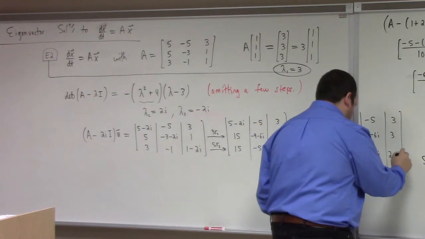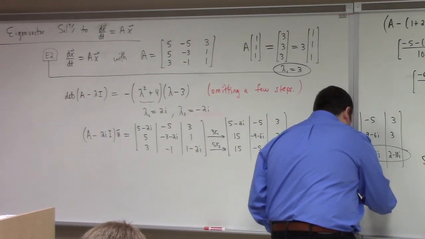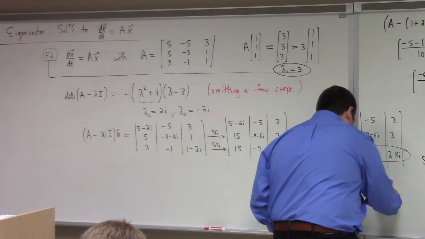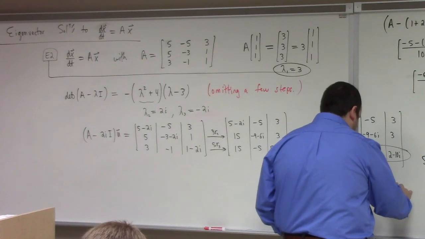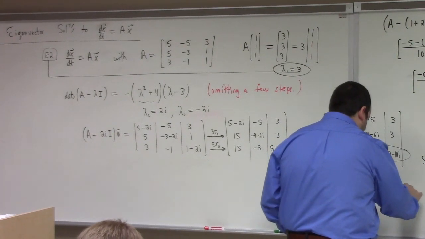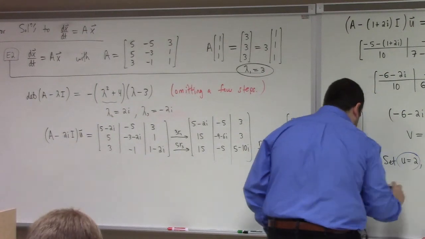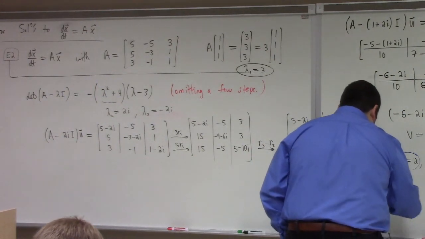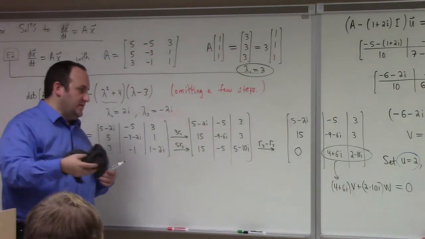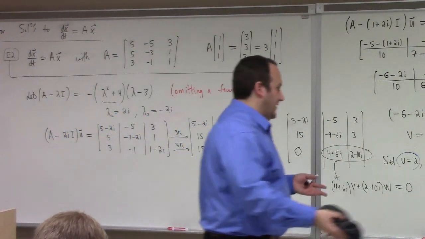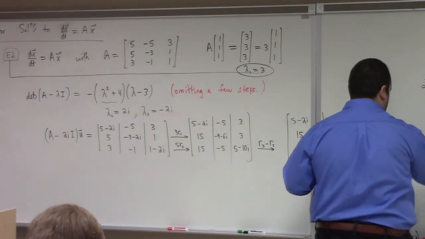So I'm pretty sure I can say that 4 plus 6i times v, plus 2 minus 10i times w is equal to 0. At this point, I'm going to use w as my parameter.